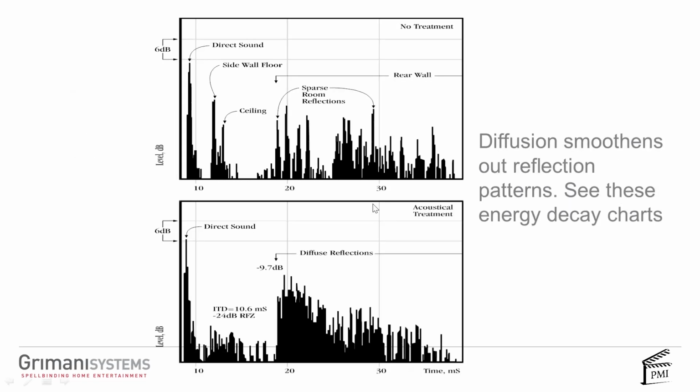So here's some real measurements of an impulse response. This is a room in which nothing's been taken care of. There's a direct sound coming off the speaker. There's reflections, more reflections, but all of that gapped energy just doesn't sound good. If you put some diffusers in the room, after the sound has traveled from the speaker to your ear, you then receive all of the reflected energy from the diffusers.